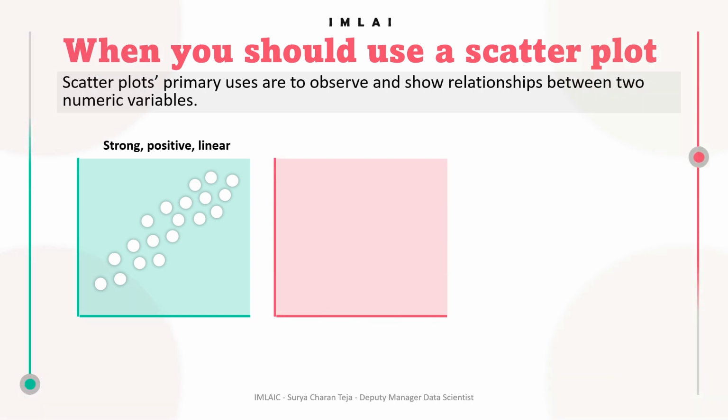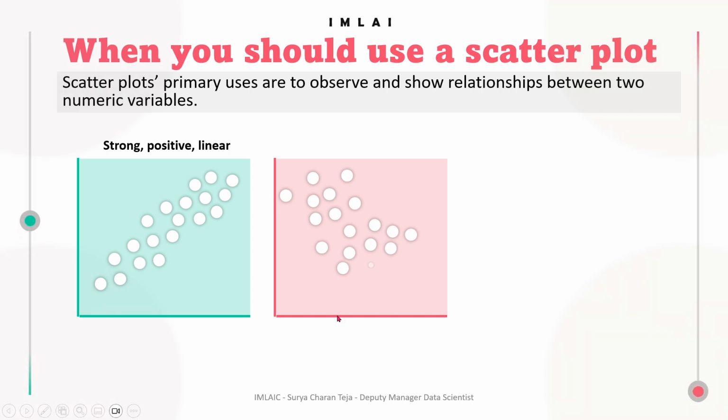And the other type is negatively correlated. So y is the dependent variable and x is the independent variable. When x is increasing, y is decreasing. You see that x is increasing and y is slowly coming down.